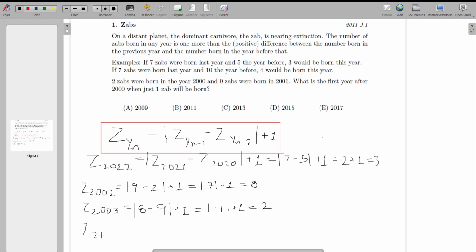For those sabs born in 2004, we use the difference between the sabs born in 2003, which were 2, minus the sabs born in 2002, which were 8, plus 1.